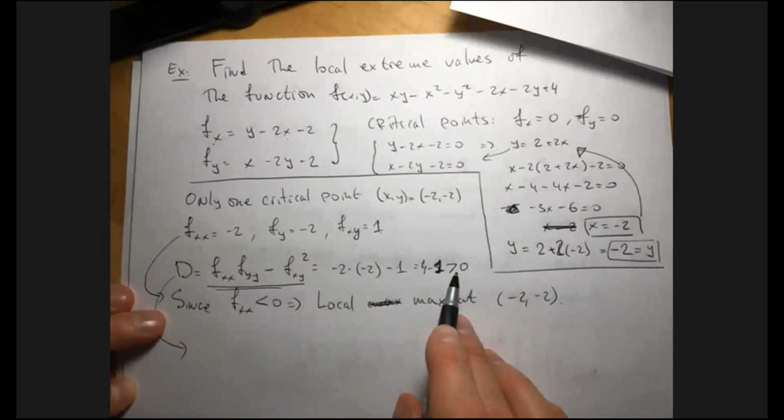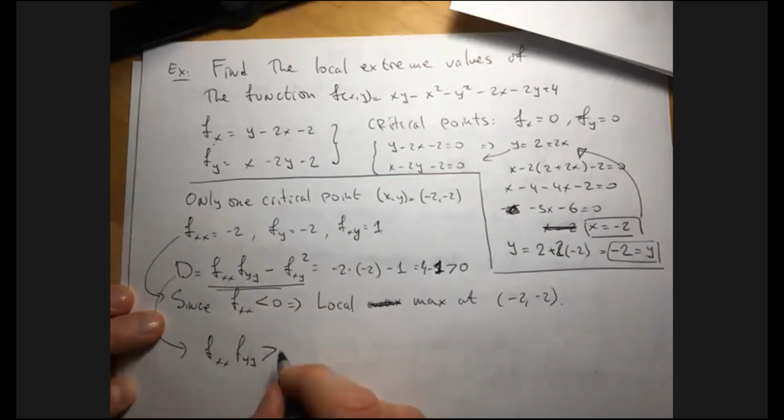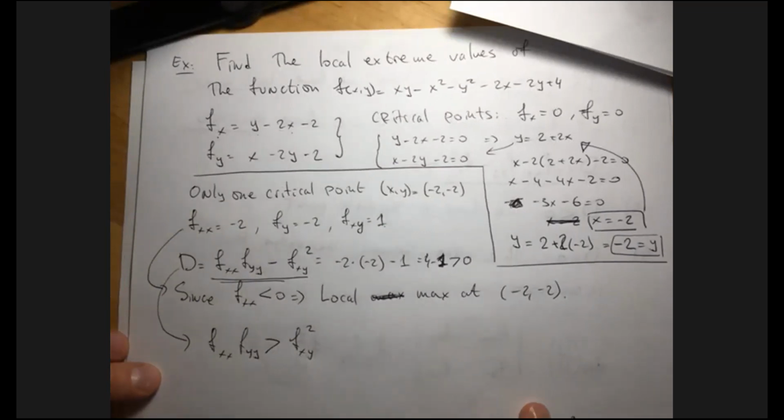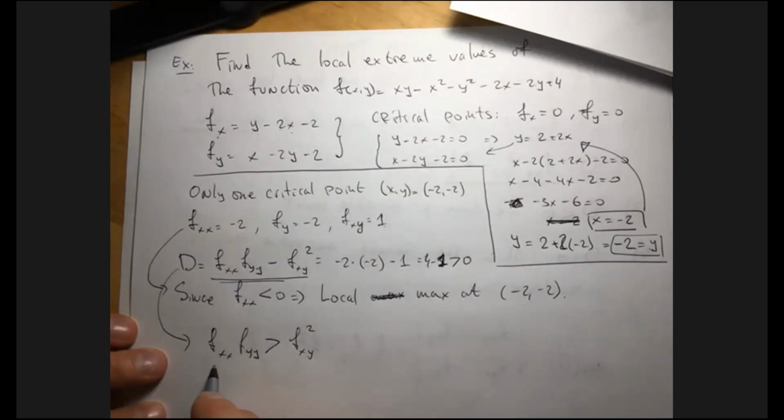We have a positive discriminant only when fxx fyy is greater than fxy squared. Do you agree with that, Charles? Yeah, and fxx and fyy have to be of the same sign for it to be positive, right? This would be positive if both of them are positive or both of them are negative, right?